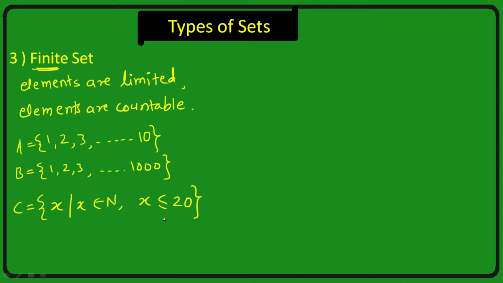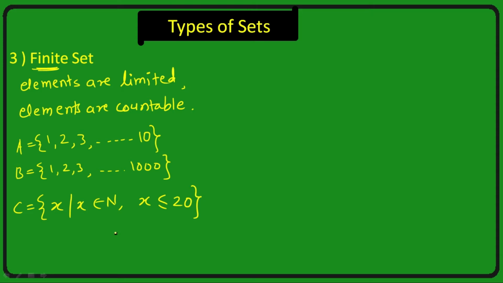Finite means if the elements are countable or limited, then it is a finite set. The number of students in your class is also an example of a finite set. The number of students in your school is also a finite set.